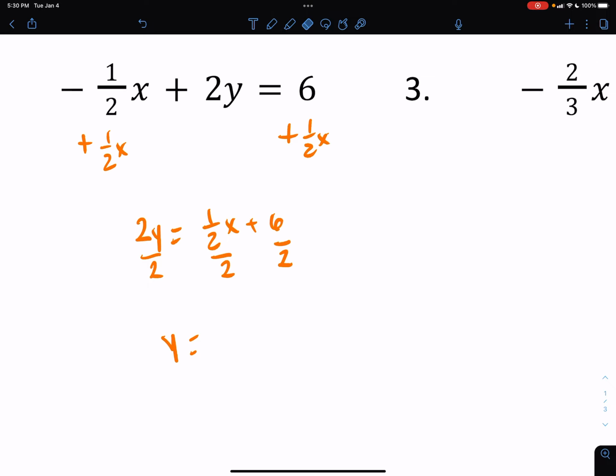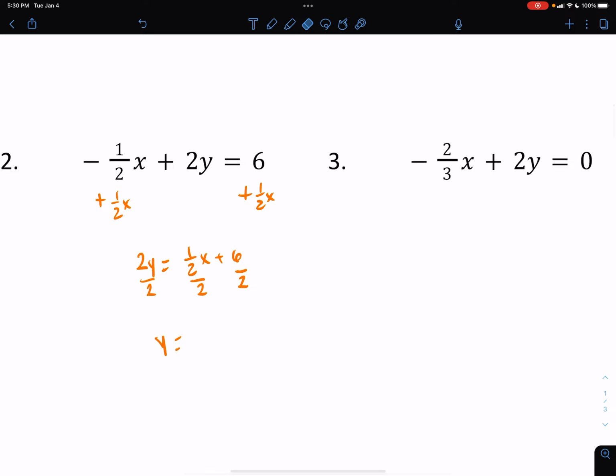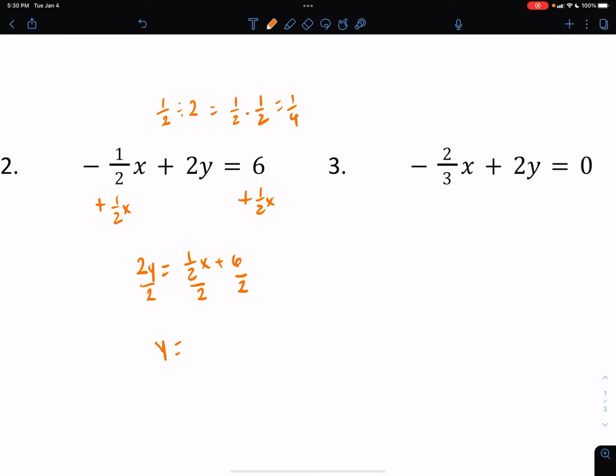Well, let me show my work up here. You have to keep, change, flip, so 1/2 times 1/2. You keep, change into multiplication, and you flip that second fraction, and you get 1 over 4x plus 3.